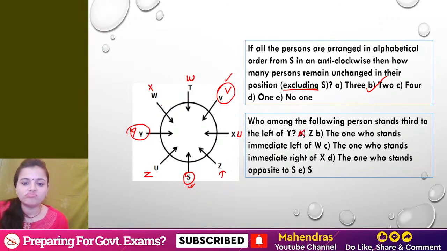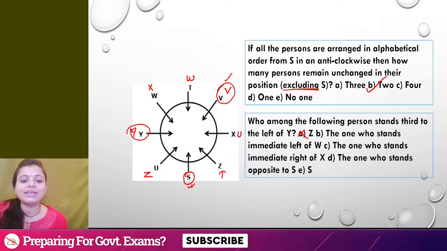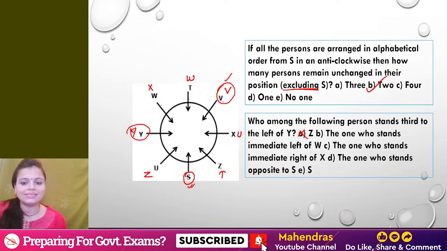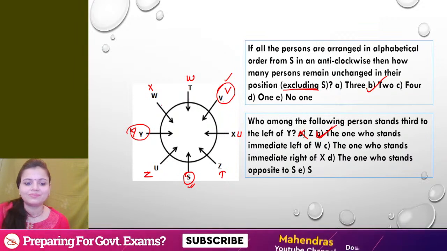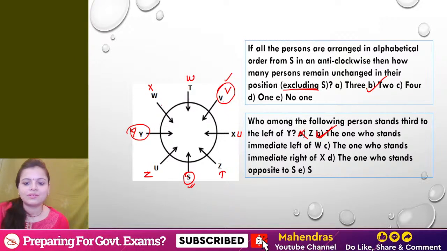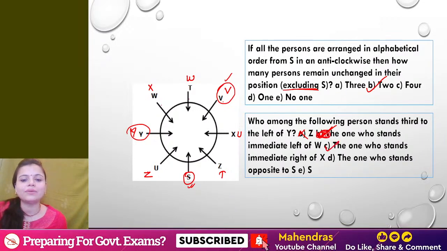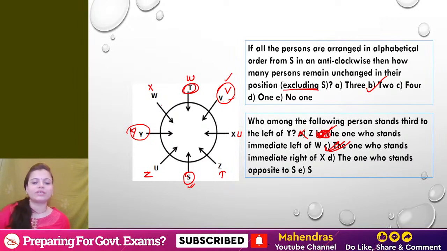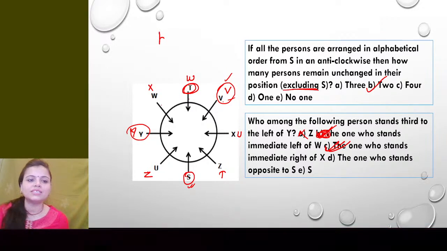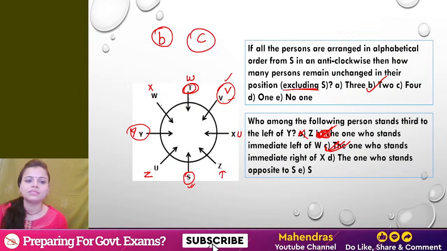So Z, no. The one who stands immediate left of W, yes, option B. Then the one who stands immediate right of X. Okay, it's T. So the one who stands immediate right of X is option C. So the answer is B and C.